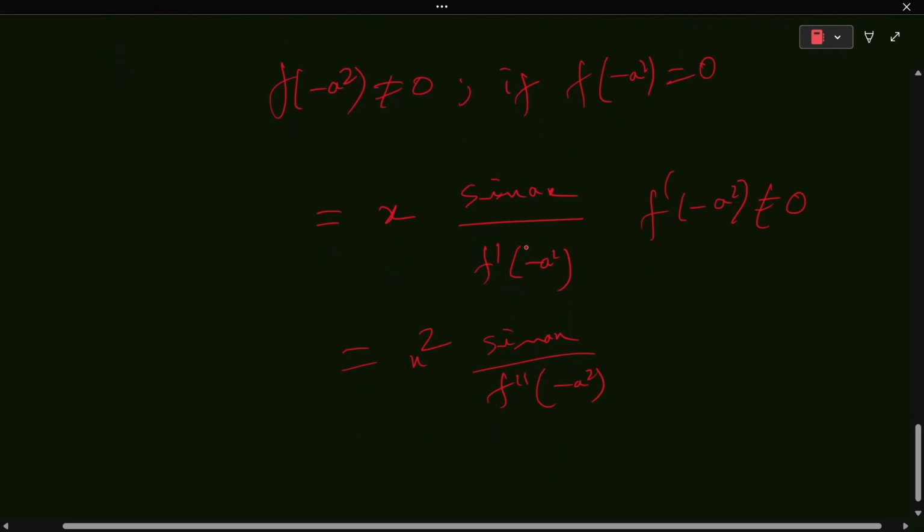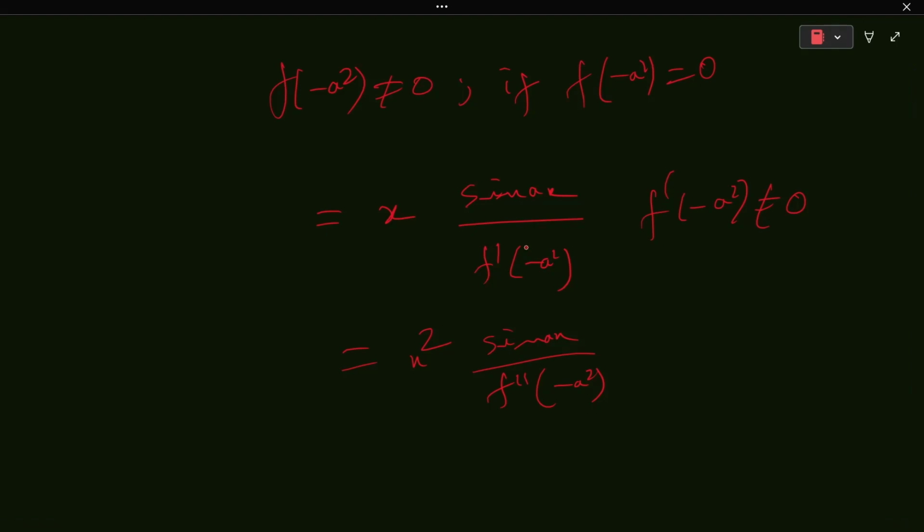I think by now the rule for solving the differential equation when we have sine and cosine is quite familiar to you.